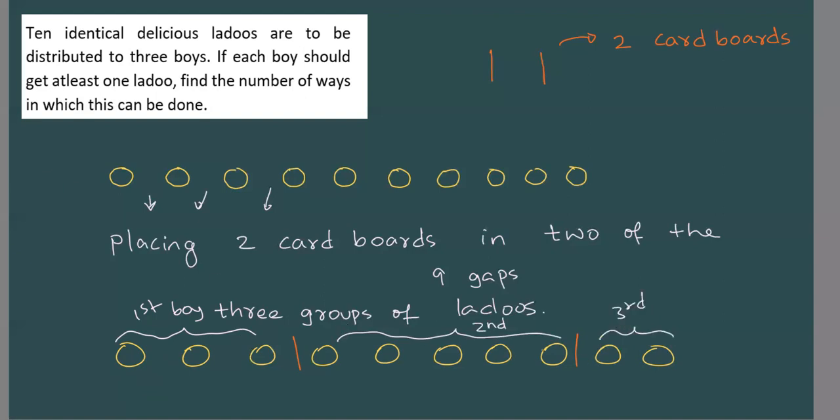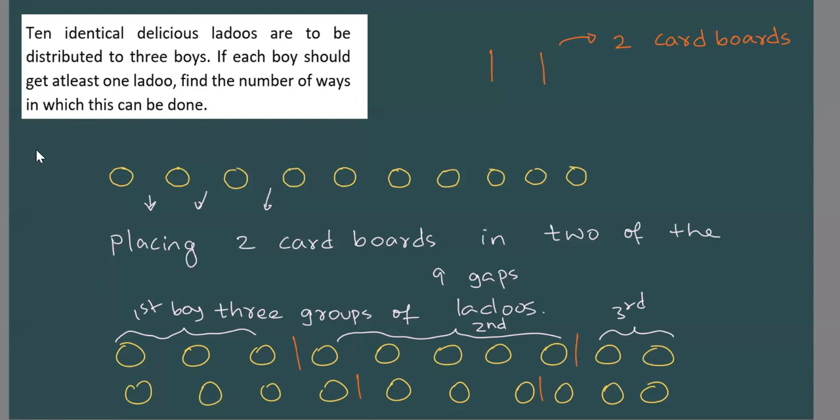Now if I place the cardboards a little differently, like this, the first boy is getting 4 laddus, the second boy is getting 3 laddus, and the last boy is also getting 3 laddus. So what has happened to our problem?